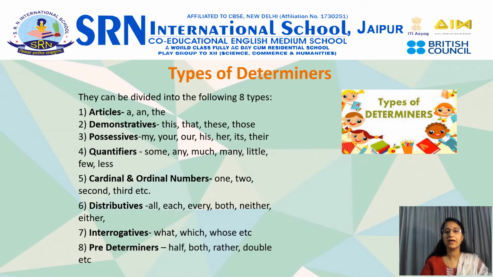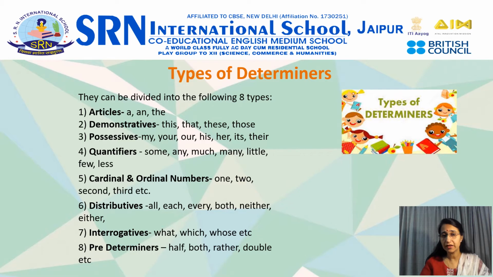Now let us know about different types of determiners. These determiners can be divided into the following 8 types. One is articles, for example, a and the. The other one is demonstratives. You all must know that these are the words which point towards something, like this, that, these, those.